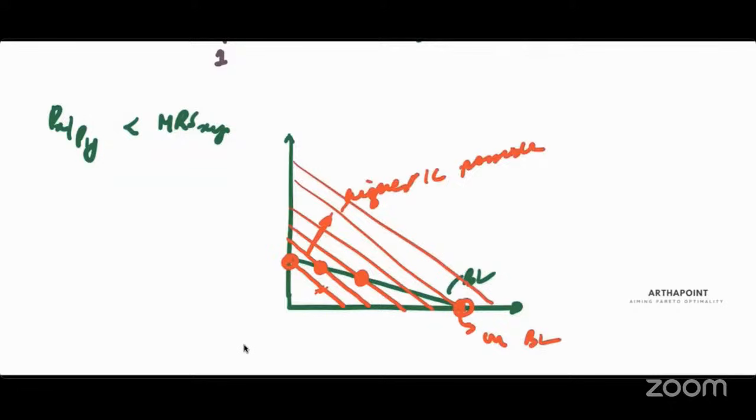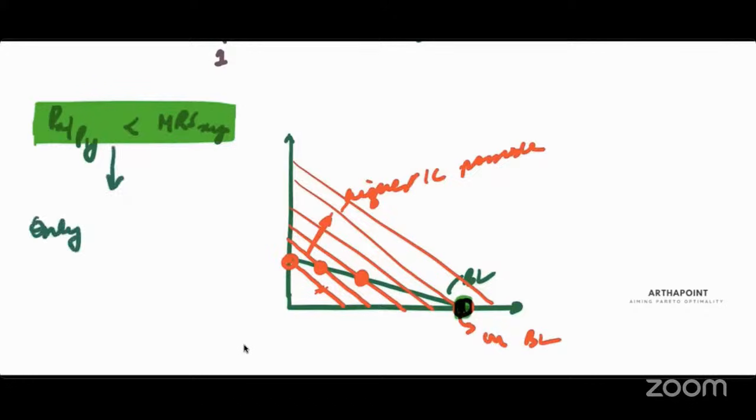So when Px by Py is less than MRS XY, I reach a point of equilibrium, which is here. This is the highest indifference curve I have reached. And at this point, I am consuming only good X and no good Y.